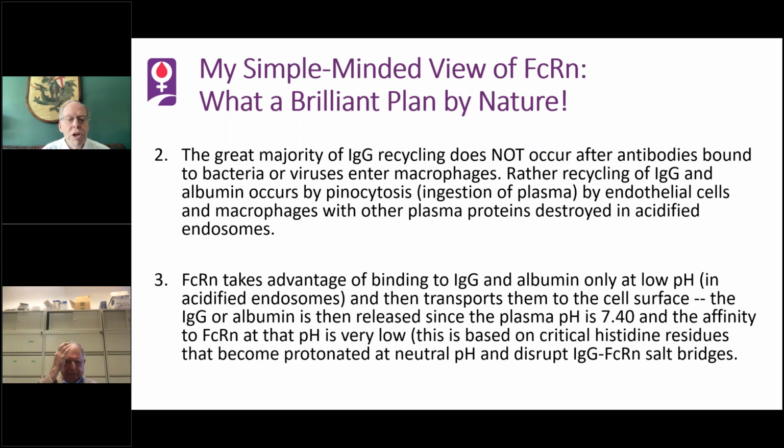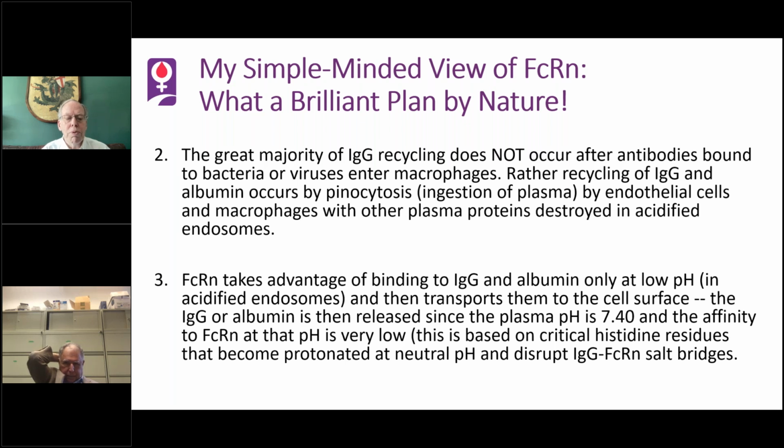It does this because it binds them only at low pH, and low pH here would mean something like 5.5. So when they're in the acidified endosomes, other proteins get dumped, but FcRn binds and rescues the IgG, and then it transports them and the albumin to the cell surface.